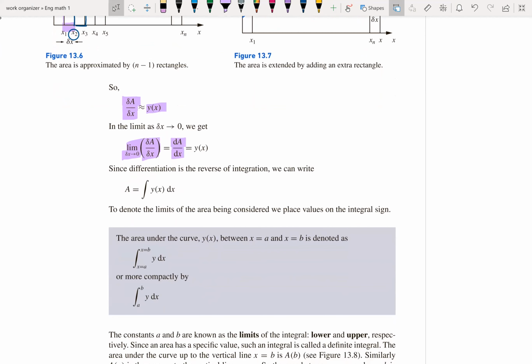So when we have dA over dx equal to y(x), we just transfer dx to the other side and then do some integration. This will be cancelled out, so what is left is A equal to the integration of y(x) dx.